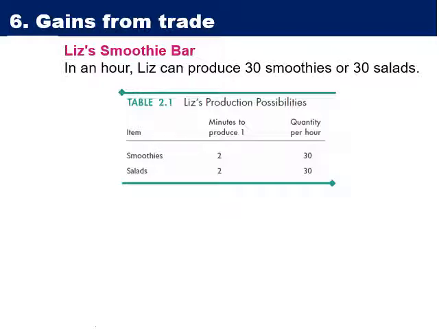As shown in the table, it takes her 2 minutes to produce 1 unit of each good. So in 1 hour, she can produce 30 smoothies or 30 salads. This table gives us her production abilities to produce both commodities. She can produce equal quantities of both commodities using the same time.